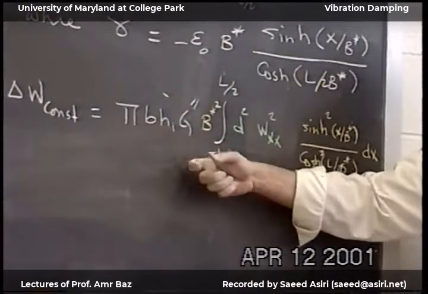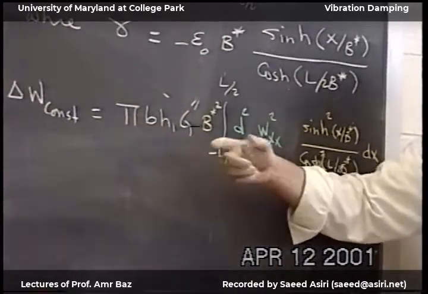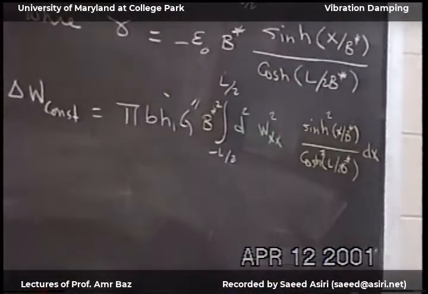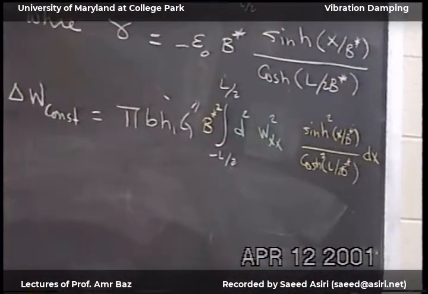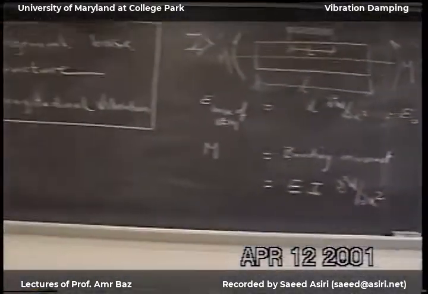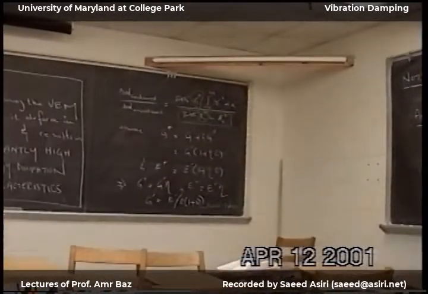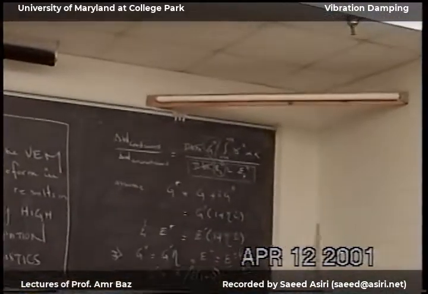Divide this by the number that we normalized over last time. So we can calculate from here the loss factor.